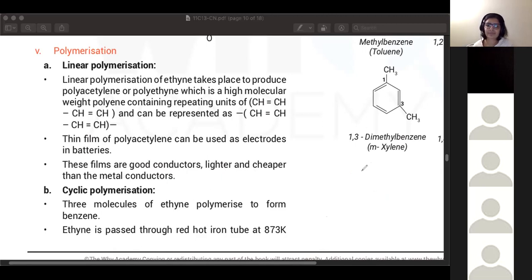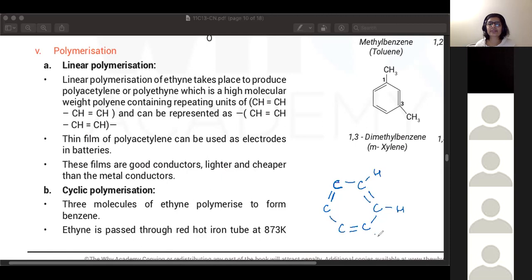So in cyclic polymerization, a single ethyne molecule is breaking up to form multiple of itself in a cyclic structure. So in this case, what do you end up with? Final product. Benzene. Yes. Okay.